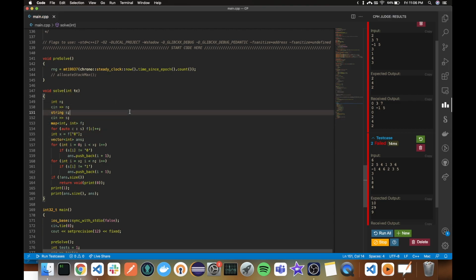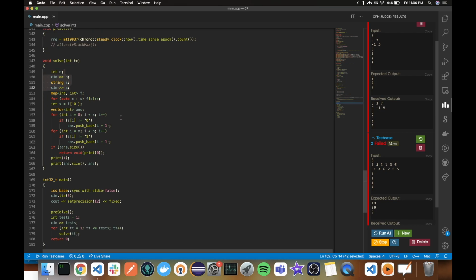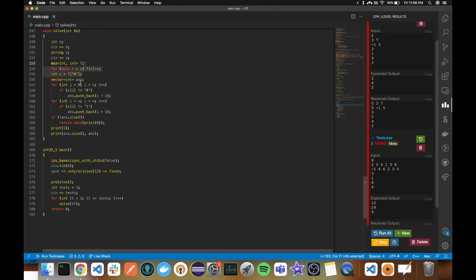So I take the input, right, and then I store the frequency of 0 and 1 using a map. A little bit more constant factor, but no one cares. Now x is the number of times 0 occurs. So for those, whenever it is not 0 or it is equal to 1, I put it into the answer. And then for the remaining ones, if there is a 0 instead of 1, we put it into the answer.